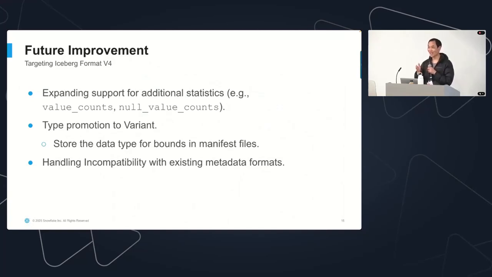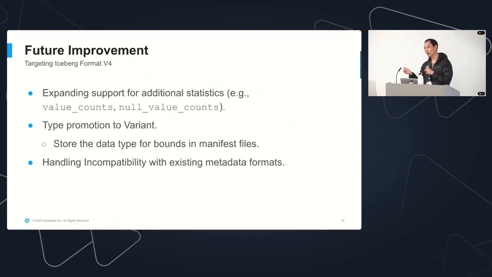But that is not true for variant, because a variant size can be, I forgot how many bytes, very large, many bytes. So we don't know what the original type is, whether it's a variant, an int, or a long type. We don't know. So that's why we will not support type promotion in V3.